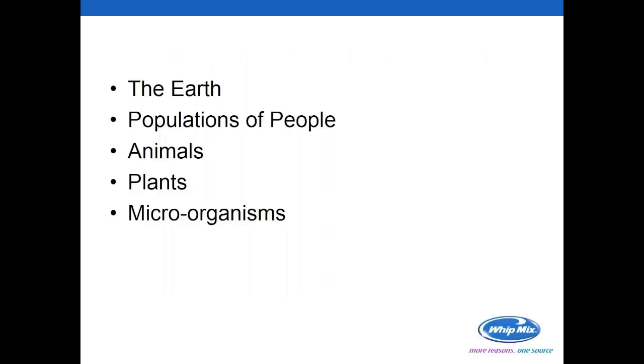They come from the earth. Different populations of people transmit different things. Animals certainly do. Plants can have those kinds of issues with people, and so do microorganisms. For example, we were out the other day pulling weeds in the yard and ran across a whole patch of poison ivy. Now, not everyone has poison ivy. Some of you have poison oak.